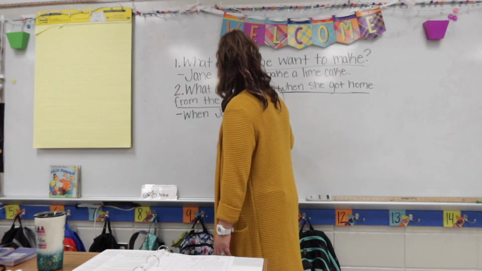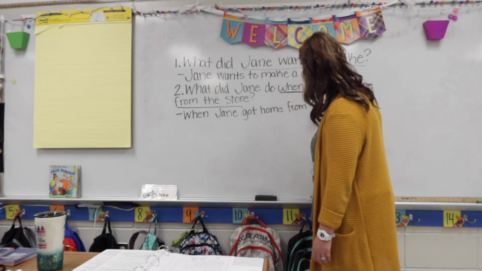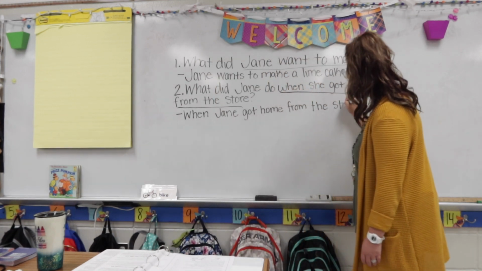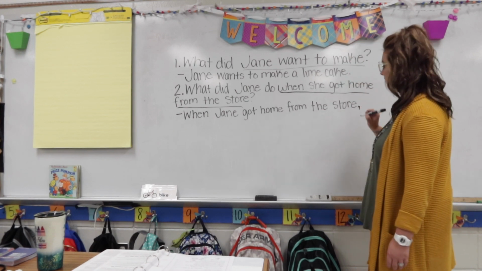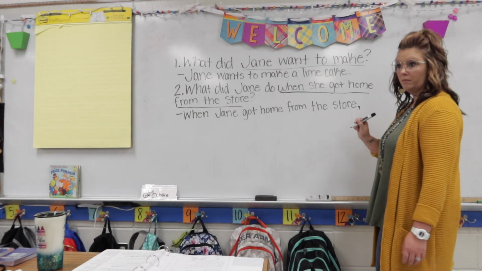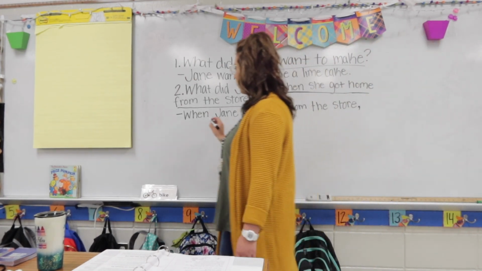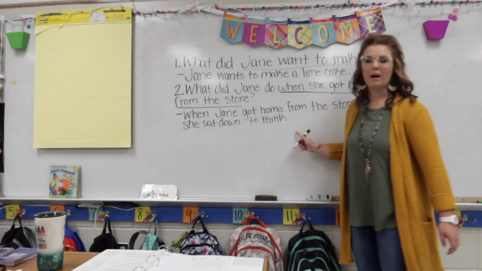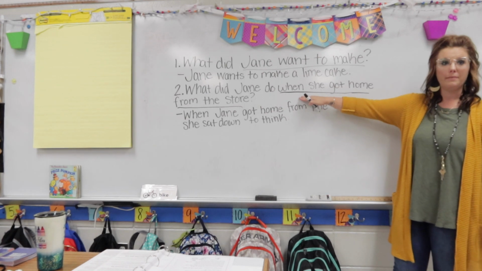When Jane got home from the store, comma. Wait, that's a comma? That's a comma. She sat down to think. Look at how I answered that question. I used part of the question in my sentence.